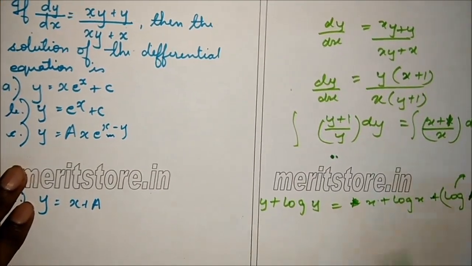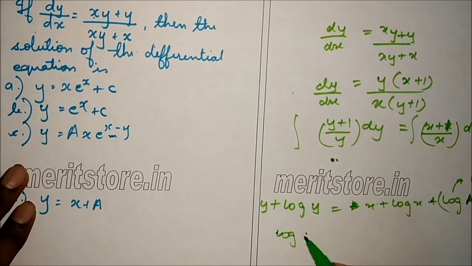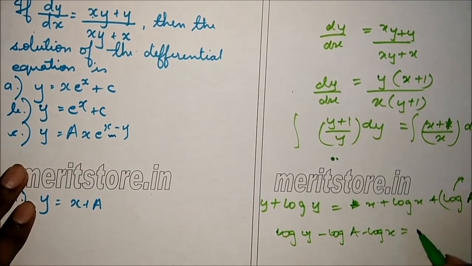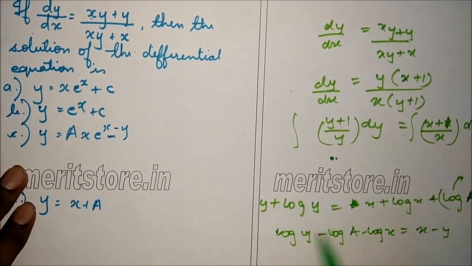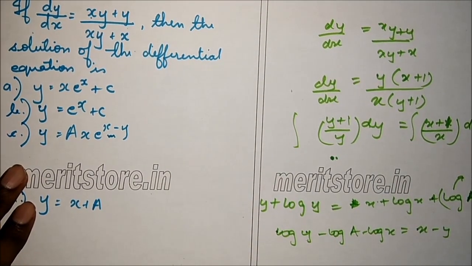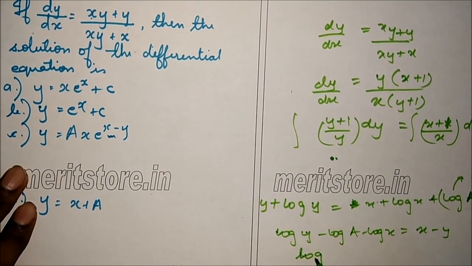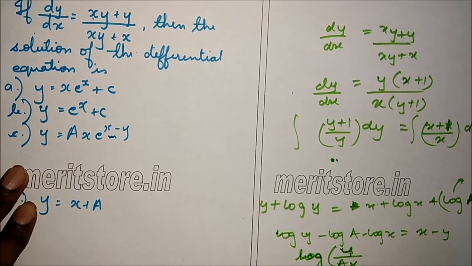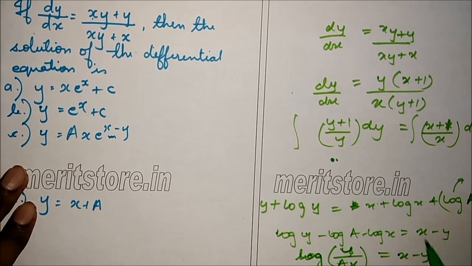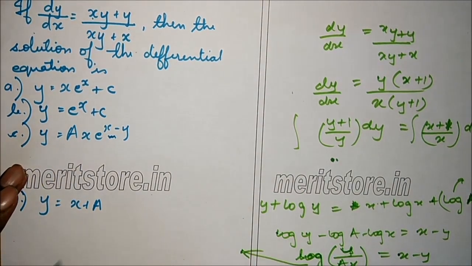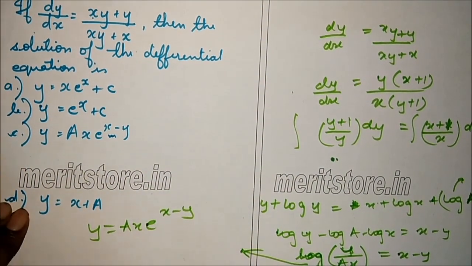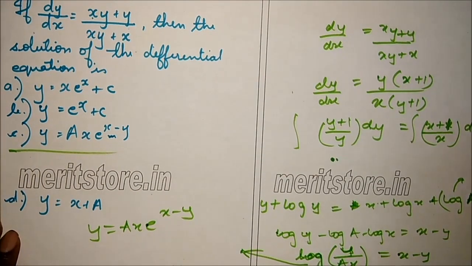So taking log on one side and shifting log terms on one side, we get log of y minus log of a minus log of x equals x minus y. So this can be written using the law of logarithms as log of y by ax equals x minus y. Therefore we can say y is equal to ax into e raised to x minus y, which is option C.